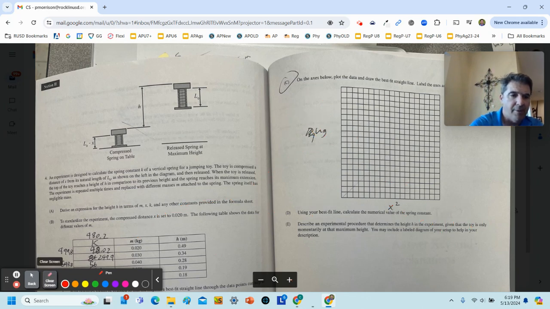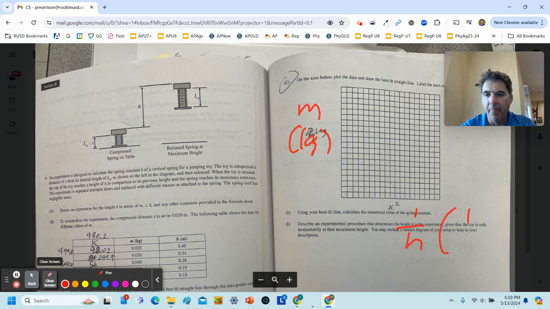If you make this mass in kilograms, and you make this 1 over h, which is 1 over m, then it will turn it into a straight line.